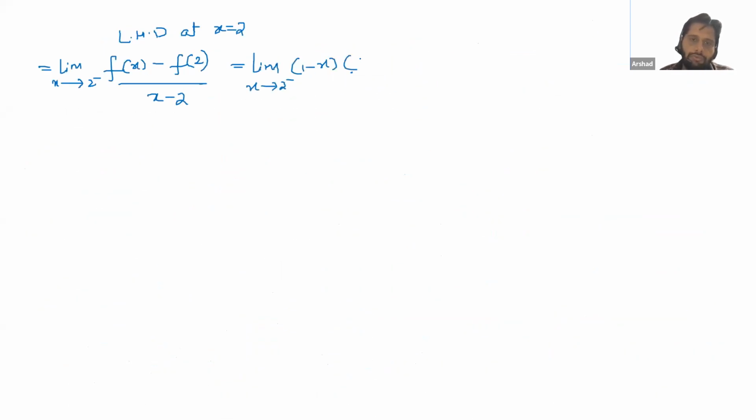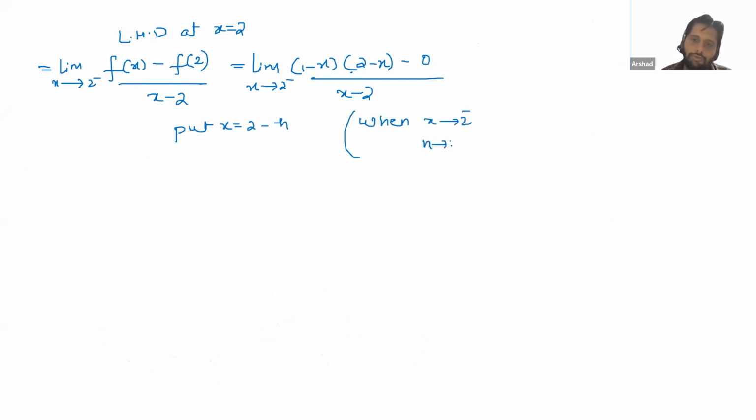So (1 minus x) into (2 minus x) minus f(2), if you put x here, you will get 0 by x minus 2. Next, put x is equal to 2 minus h. So when x tends to 2 minus, h tends to 0.